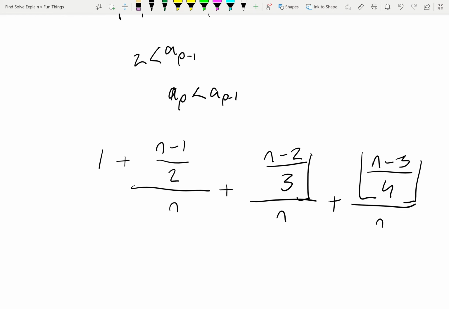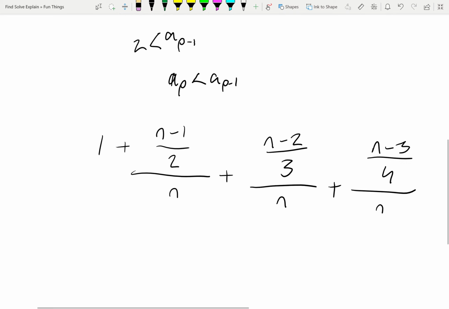And we can remove the floors because in this case this is divisible by 2, this is divisible by 3, this is divisible by 4. Because if they weren't divisible by those values, then n would either have to be, or n minus 1 would have to be, or n minus 2 could be. In either case, the value overall would be higher than this worst case interpretation.